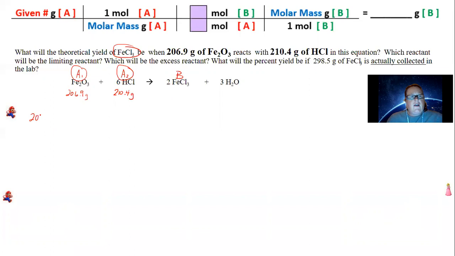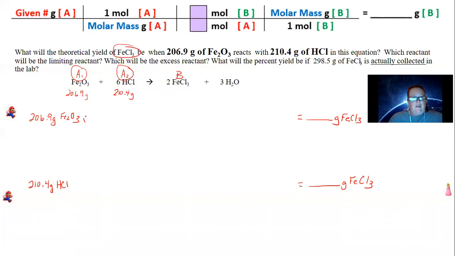I have 206.9 grams of Fe2O3, and I'm solving for grams of FeCl3. That's going to be my first problem. My second problem is starting with 210.4 grams of HCl, and also solving for grams of FeCl3.